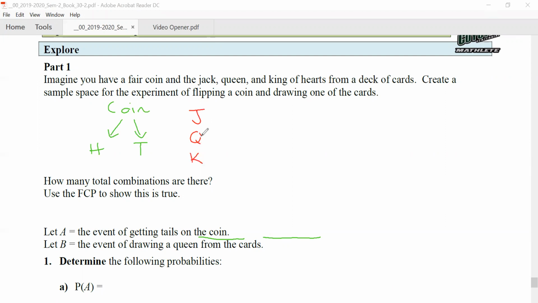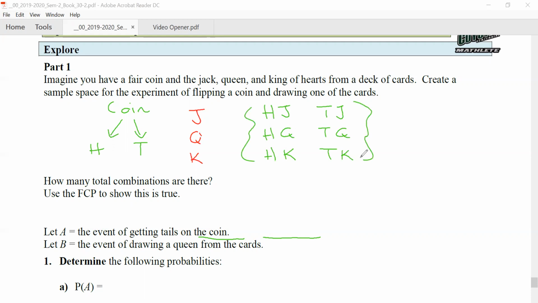So what does my sample space look like then? Well, I just need to put these things together. I could have a head and a jack, a head and a queen, a head and a king, or I could have tails and a jack, tails and a queen, tails and a king. So there's my sample space right there.